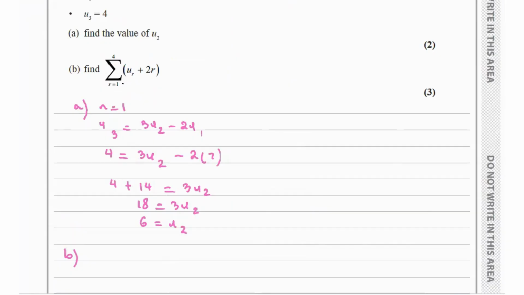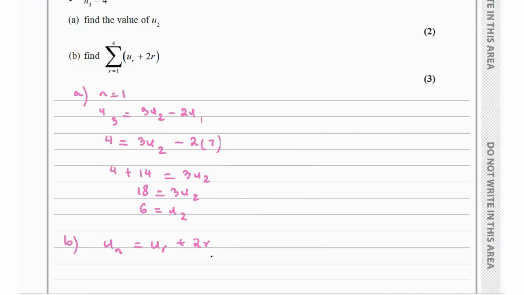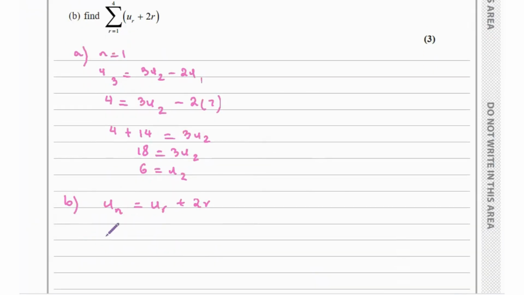Then find the sum of Ur plus 2r from r equals 1 to r equals 4. So we know the term is given as Ur plus 2r. When r equals 1, it's U1 plus 2. r equals 2 is U2 plus 4. r equals 3 is U3 plus 6. r equals 4 is U4 plus 8.